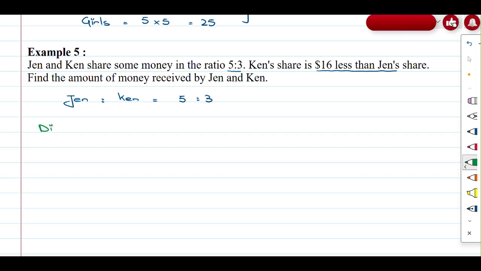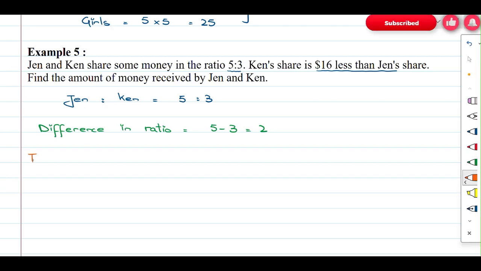The difference in ratio, the difference of 5 and 3, equals 2. Now these 2 parts represent 16, right?